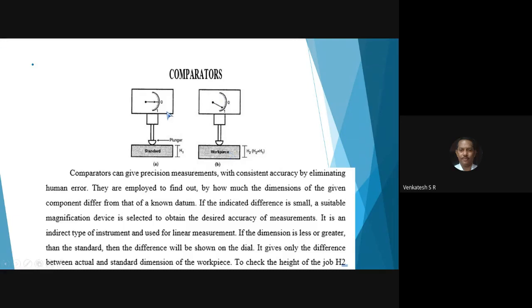The principle of operation of the comparator is to compare the dimension with the standard, then accept the workpiece if it is within the limits, upper limit and lower limit, or within the Go limit and No Go limit. Then you accept the component. Only two criteria, whether to accept or reject.